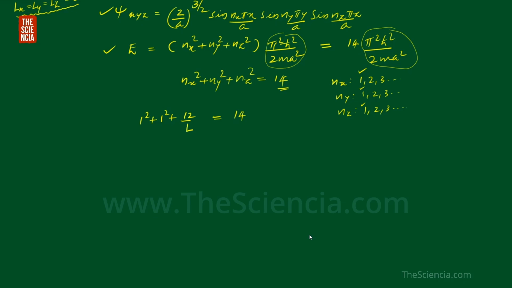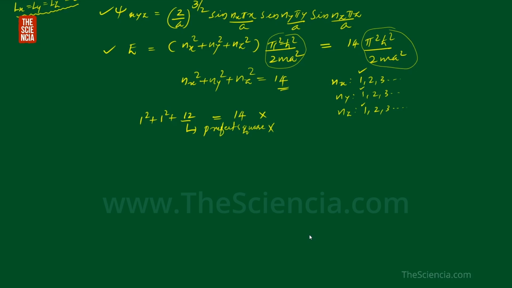So we cannot write 12 as a perfect square. It is not a perfect square. So this combination is not possible. That is, any value of nz will not give this 12. So this is not possible.